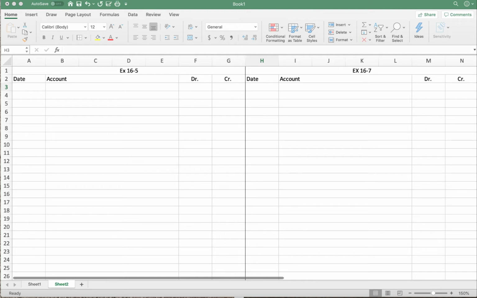So right off the bat, we need to recognize that they own 5%, right? Owning 5% of a company's stock does not give us significant influence over the investee, right? So we're going to account for this using the cost method.